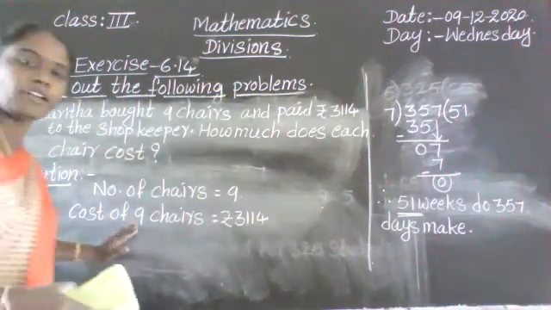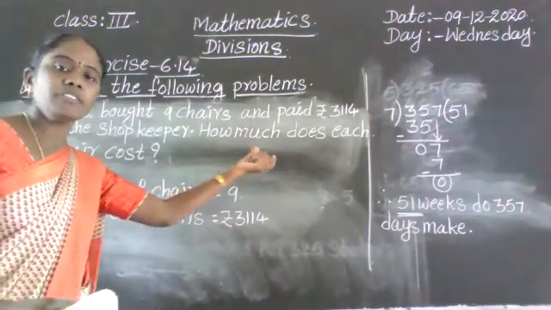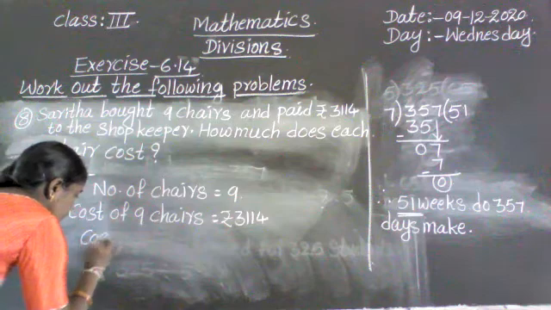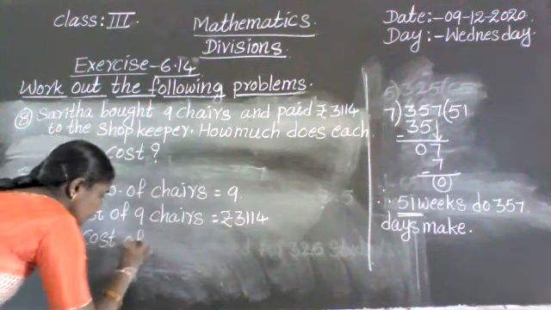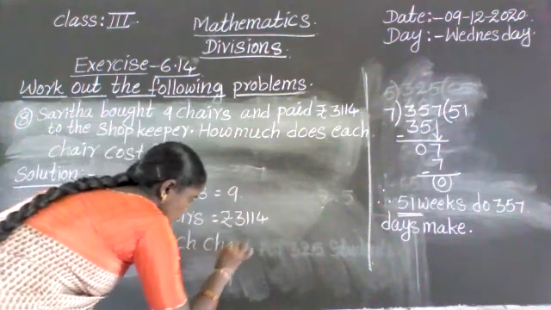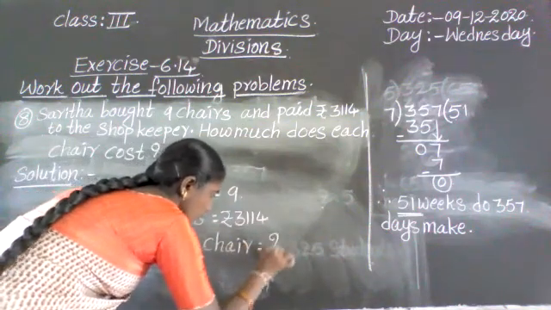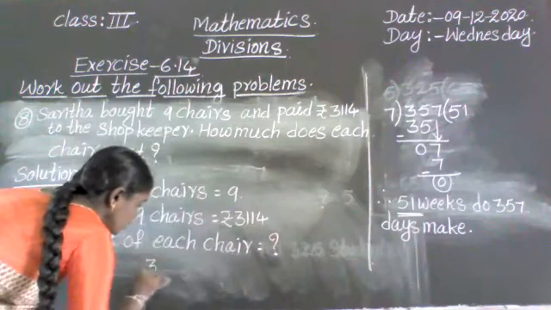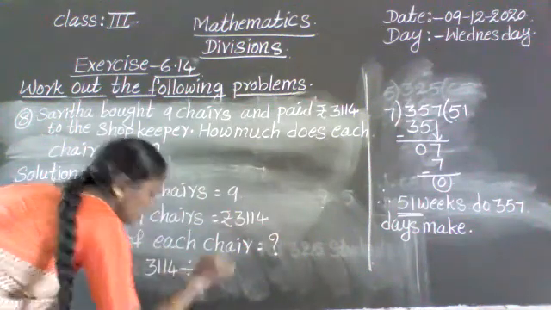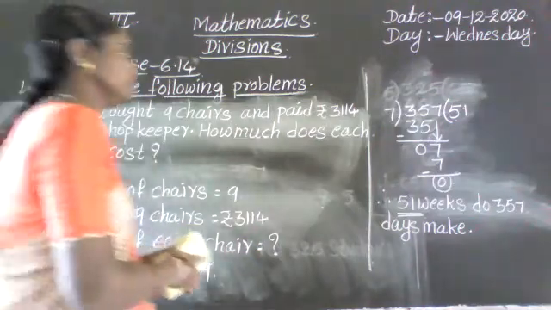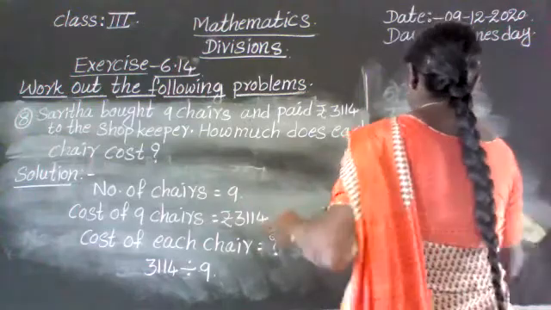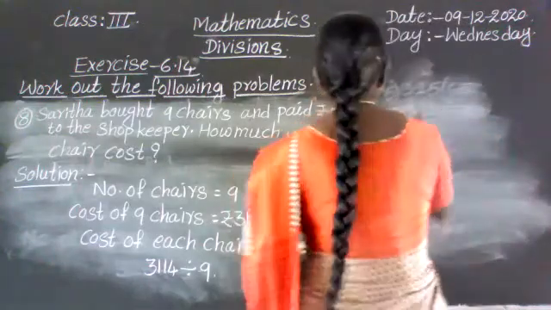Then we have to find out the cost of each chair. 3,114 divided by 9. Do division.